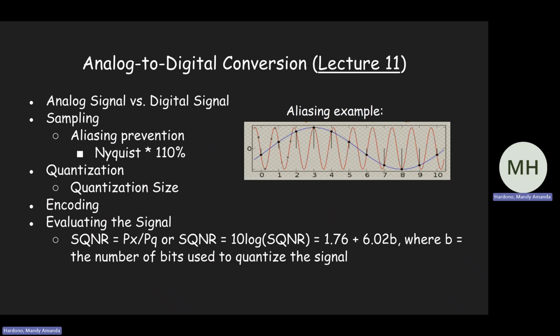When we sample, because we want a good sampling rate that will accurately represent the original signal, we want to prevent aliasing. Over there, I took the image from the slides.